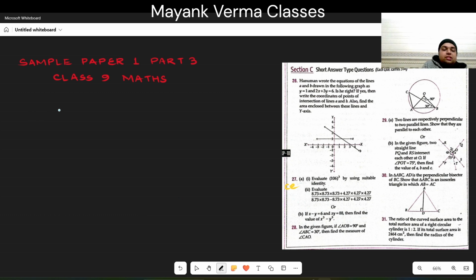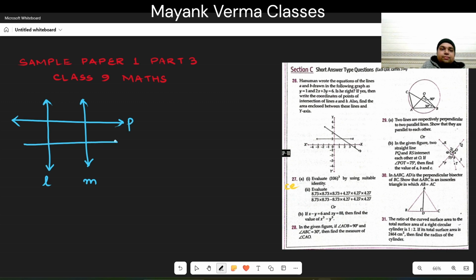So in this question, let's say these two lines L and M are parallel to each other, and these are P and Q, let's say.